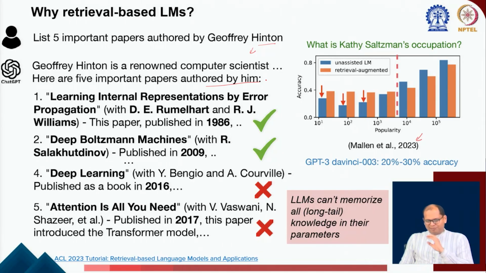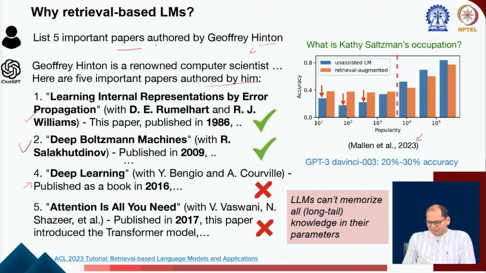It gives 5 references, and it turns out the first 2 are really works by Hinton, and this is correct. But then it starts giving output that is not by Hinton, like the Deep Learning book. It may have many references from Hinton's papers, but this is not authored by Hinton, or it's not a paper by Hinton.